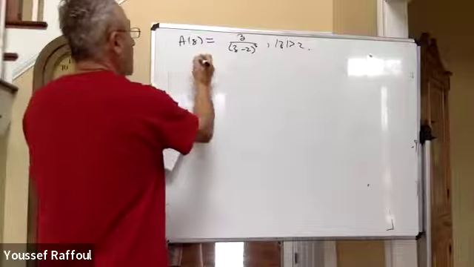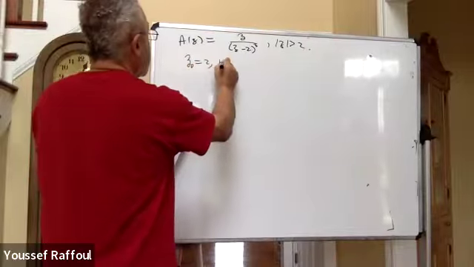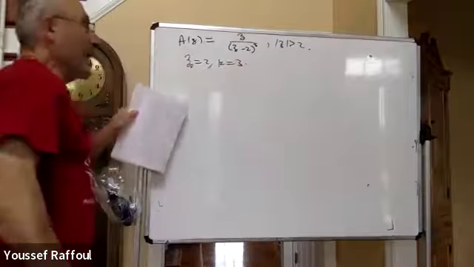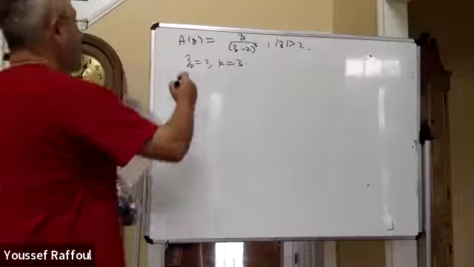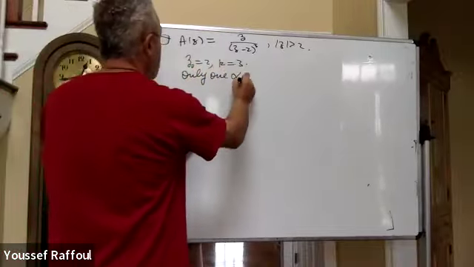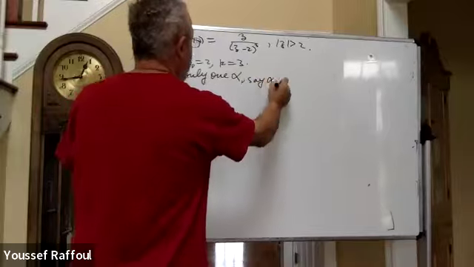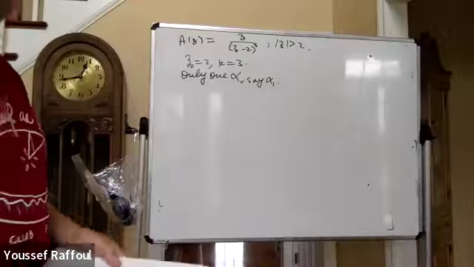So here what we have is z0 is 2 and k is 3, correct? And there is only one alpha, say alpha 1. Okay, how's that?